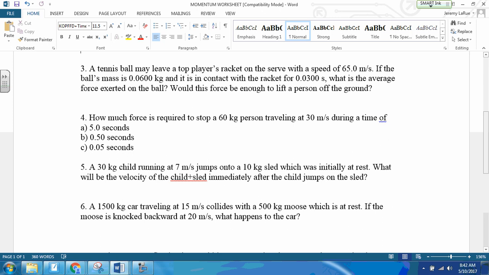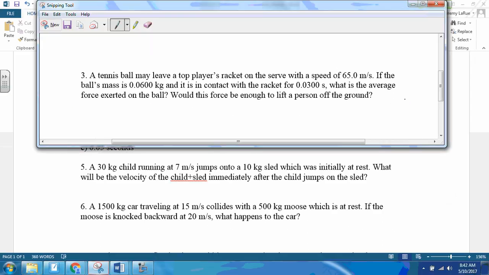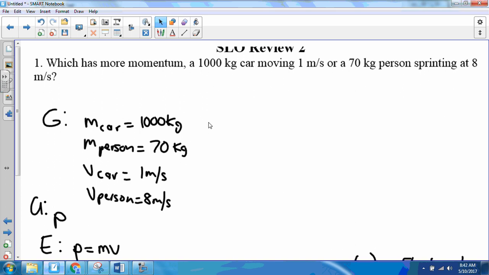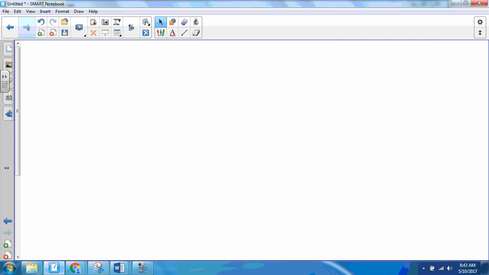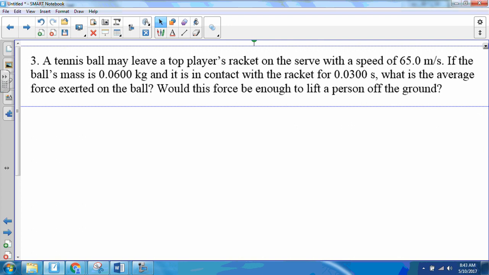All right, we're going to look at number 3. A tennis ball may leave a top player's racket with a serve speed of 65 meters per second.